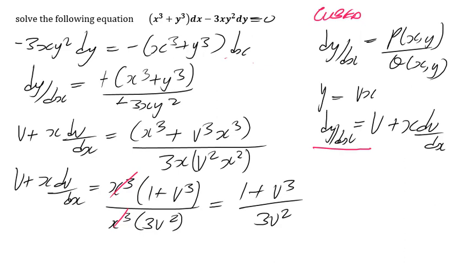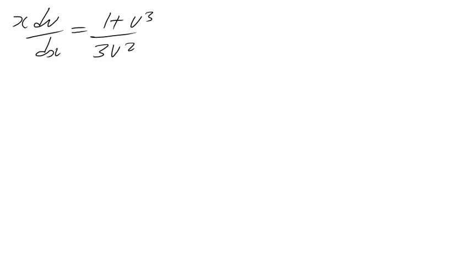From here you have to take this v to the right hand side. Let's continue on the next slide. So you have x dv over dx equals 1 plus v cubed over 3v squared, then minus v.